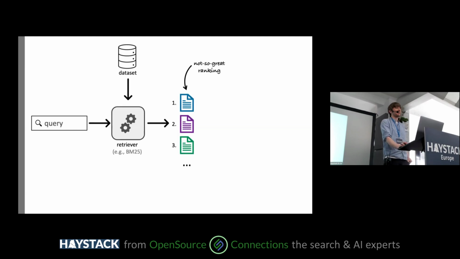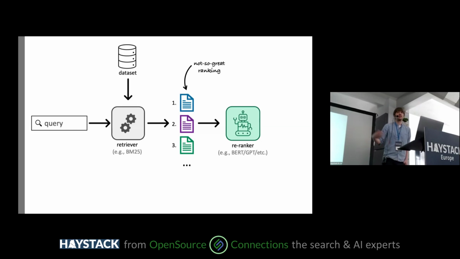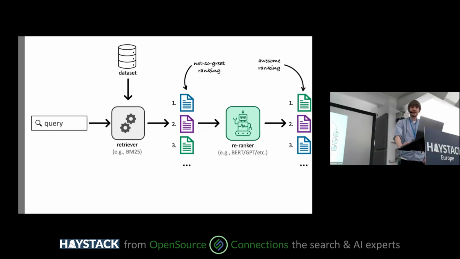Especially if you're doing something like lexical search, there can be a lot of problems in how these results are ranked. So what you'll often want to do is use a re-ranker, something that uses a model like BERT or GPT or anything like that, in order to hopefully find a better order for these search results. And hopefully at the end of that, you get some new awesome ranking of these results, right?